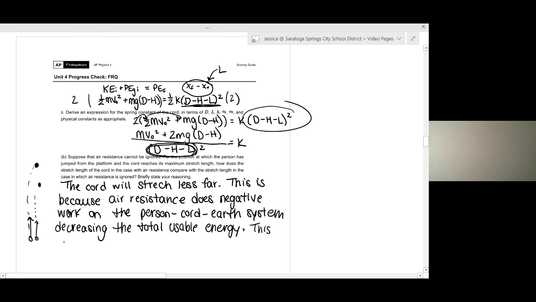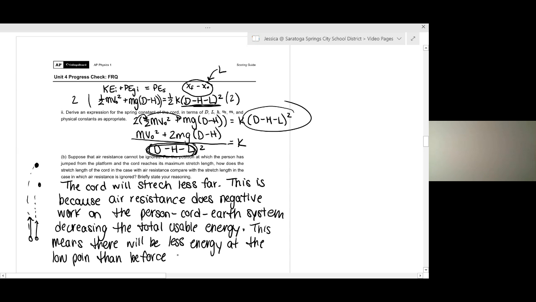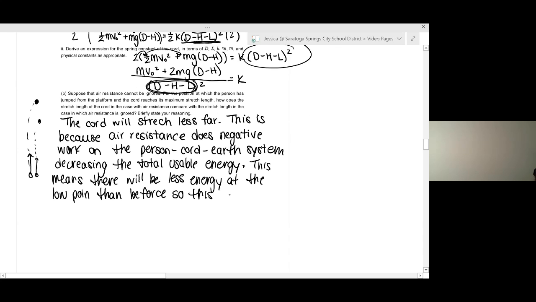This means there will be less energy at the low point than before. That's not how you spell before, but you got it. Before, so this means the cord has stretched less far. Okay.